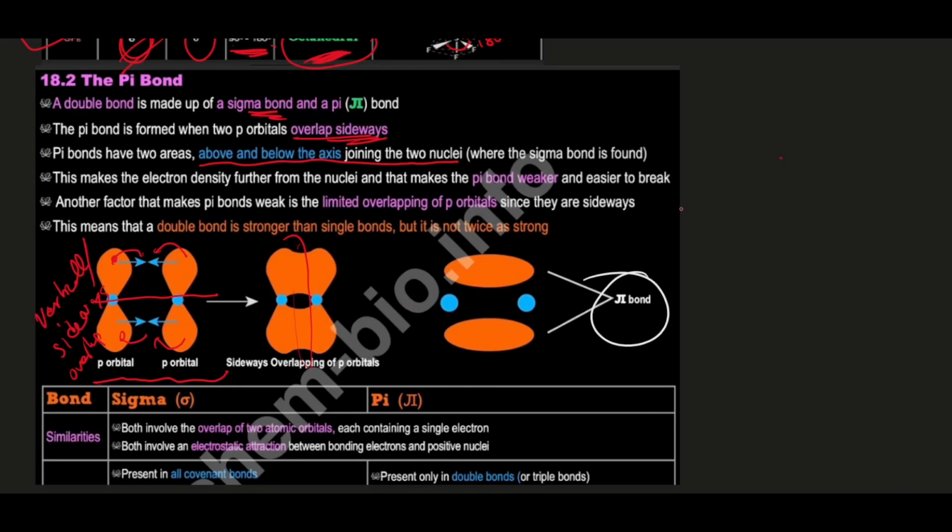Okay, a carbon to carbon double bond. So this is a carbon atom and that's a carbon atom. The p orbitals of these two carbon atoms overlap sideways, and how do they overlap? Like this. Am I clear? The electrons present above and below the axis overlap in these p orbitals sideways, and this results in the production of the bond called a pi bond.